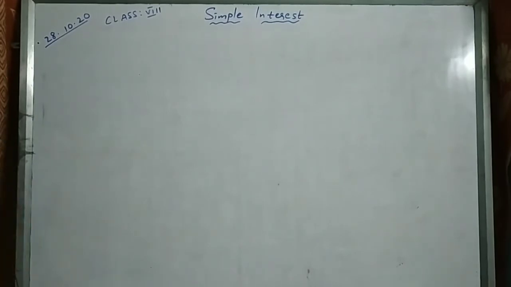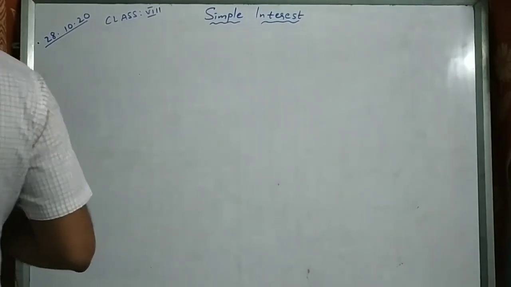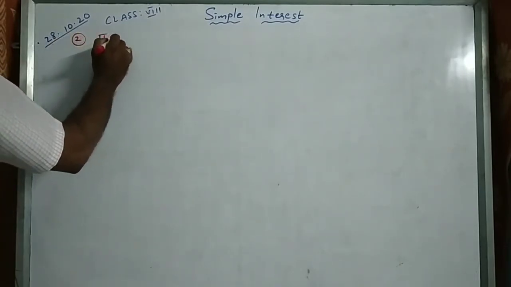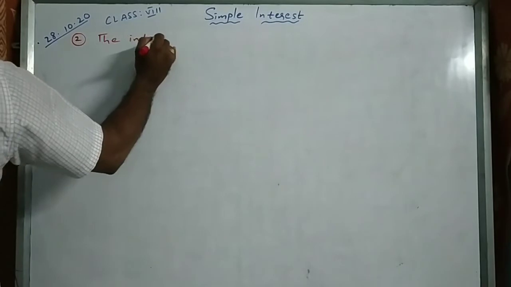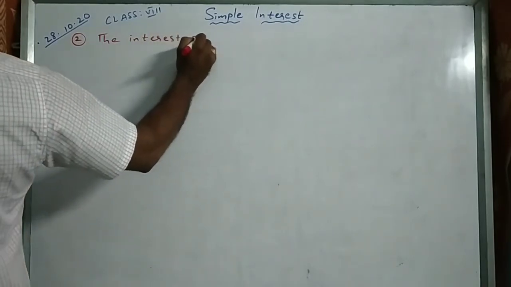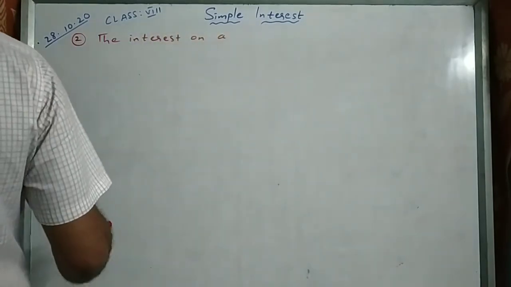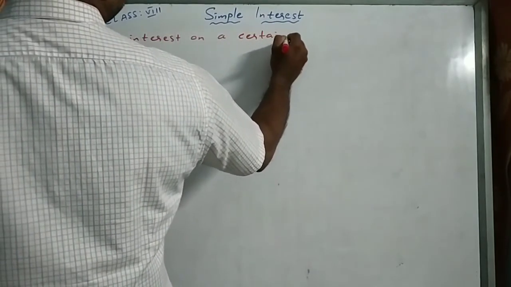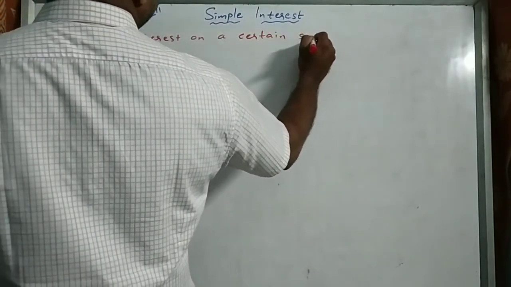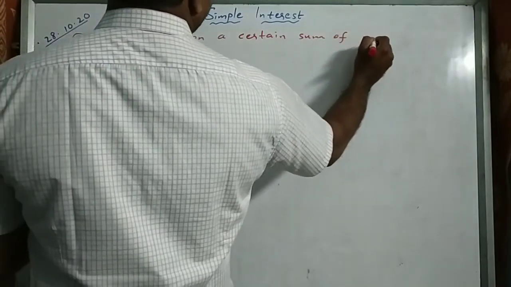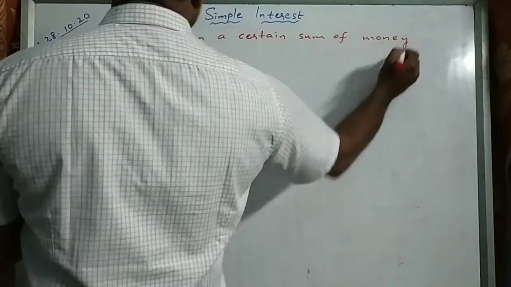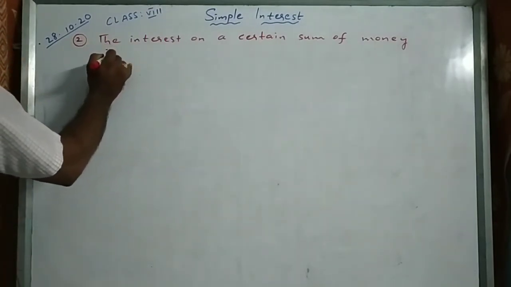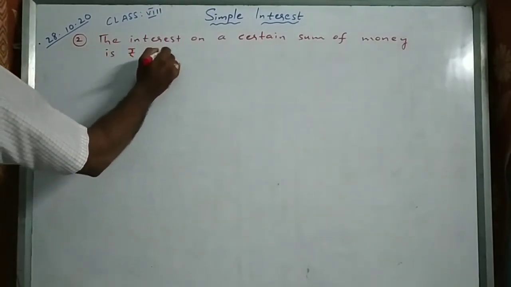See the next question, the second problem. The interest on a certain sum of money, we don't know how much principal it is, is rupees 1480.